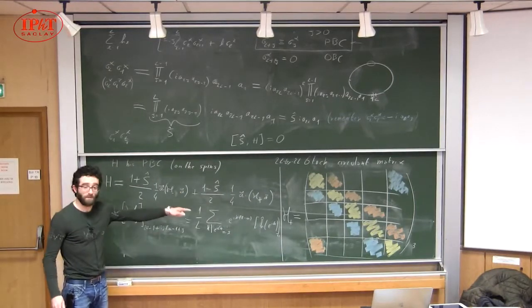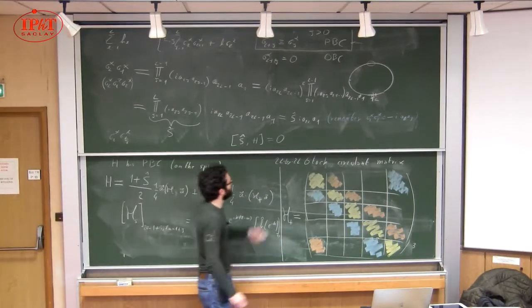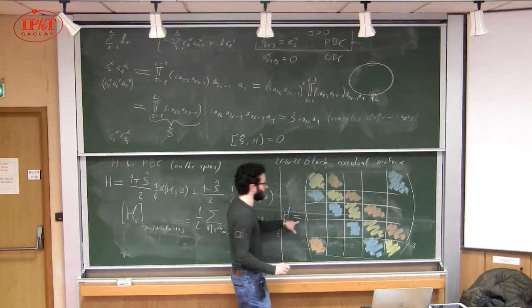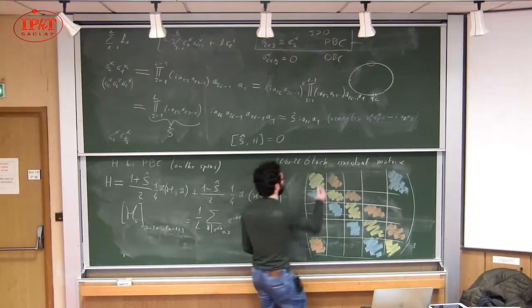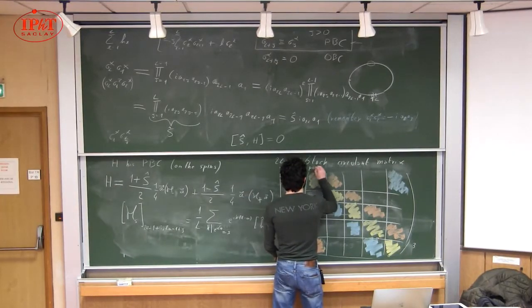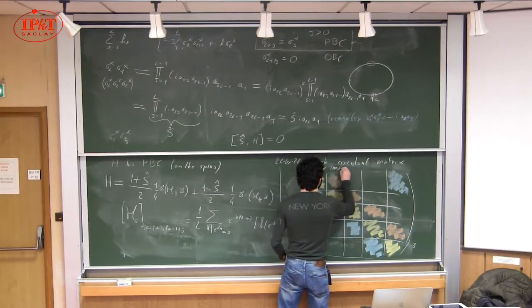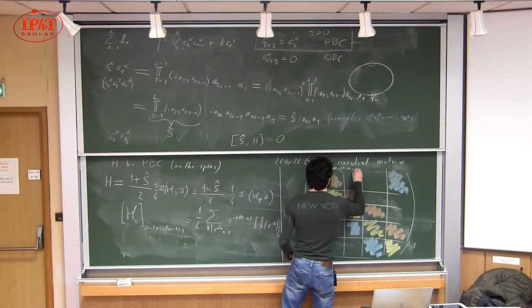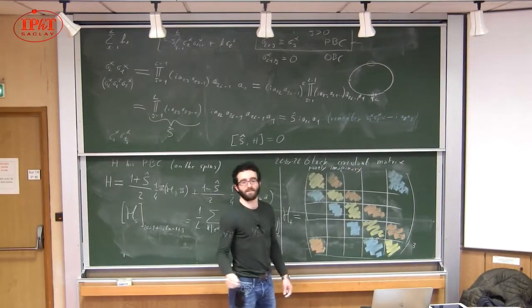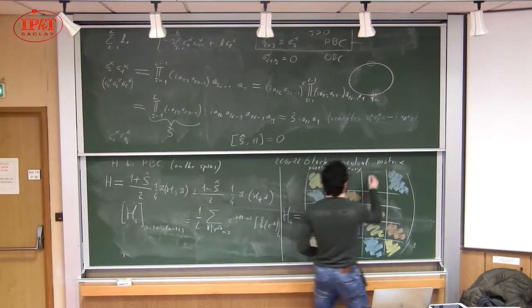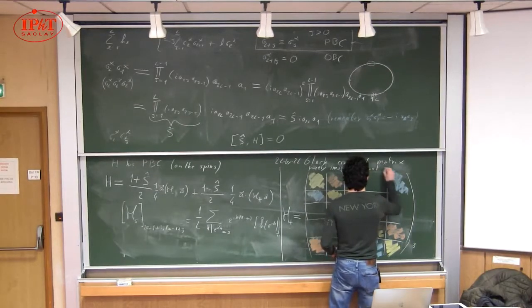Okay? There are other properties. The other properties are that it's a purely imaginary matrix, and it's antisymmetric.